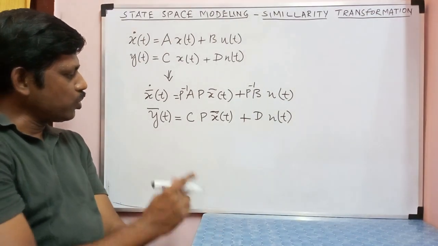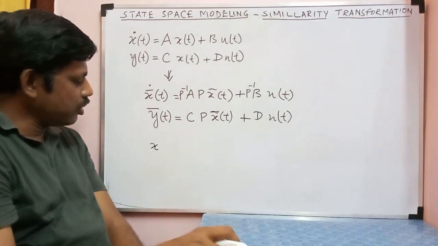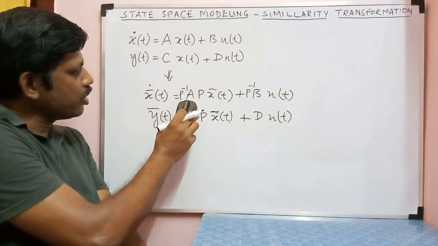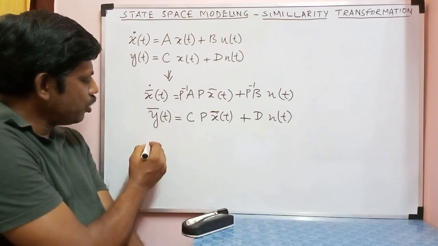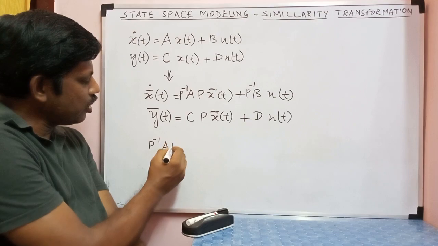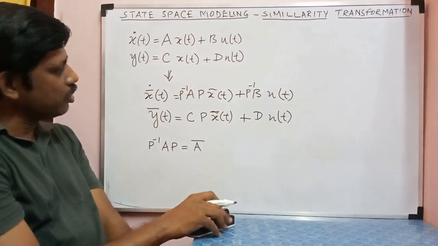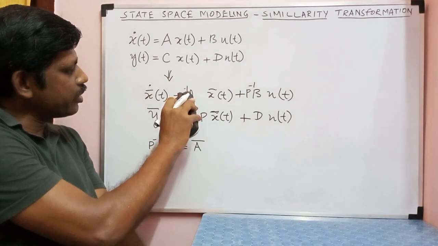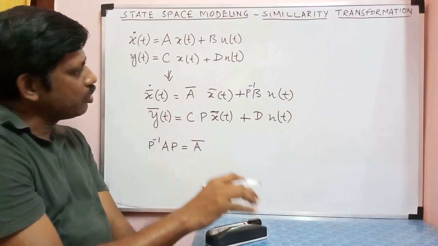Okay. So now I will use some notations. Instead of P inverse AP, I will use the notation A bar. So this entire thing can be written as A bar.